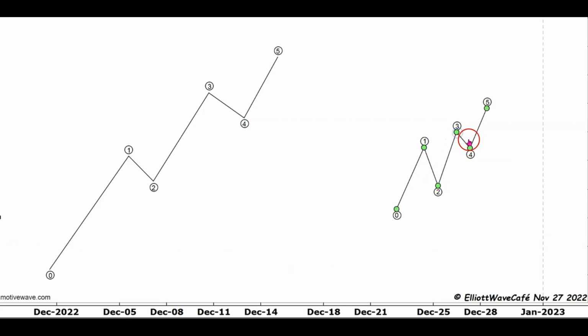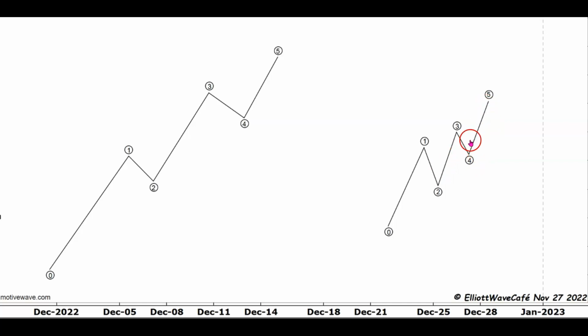But the rule does not change. Even if it comes in here, wave 3 cannot be the shortest wave. So you cannot have something like that and call it a diagonal, because this wave 5 is bigger than wave 3, wave 1 is bigger than 3, and wave 3 becomes the smallest. So however you count this, you have to change it. You could be in a 1, 2, 1, 2, and you're beginning something bigger.